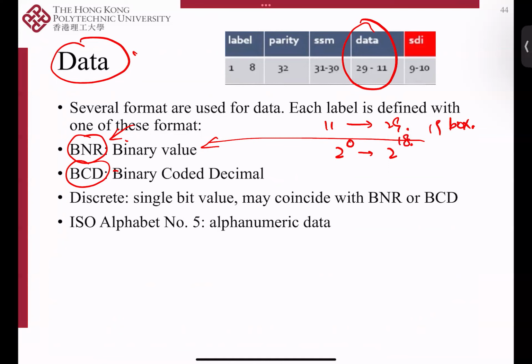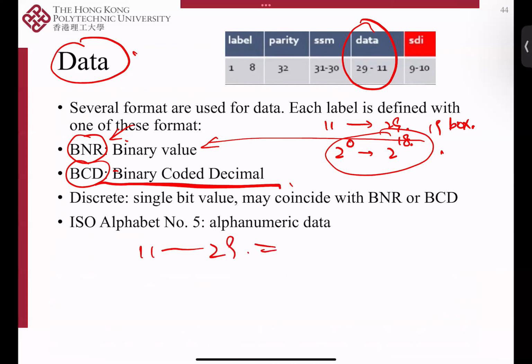That's the range it can indicate. For BCD, it is a bit different. It is separated into different parts. For bits 11 to 29, it is separated into 4, 4, 4, 4, and 3.